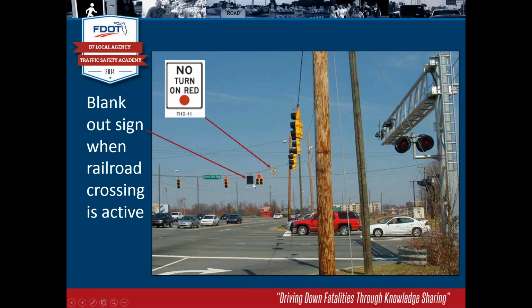The no right turn symbol comes on when the railroad crossing is active. So when the crossing is closed, the gates are down, this blank out sign is on saying no right turns are allowed at all, because they don't want to overstack the very short amount of capacity on this cross street here due to the railroad activities.